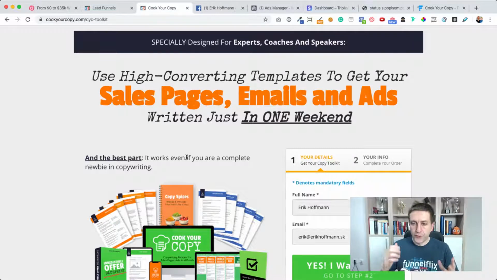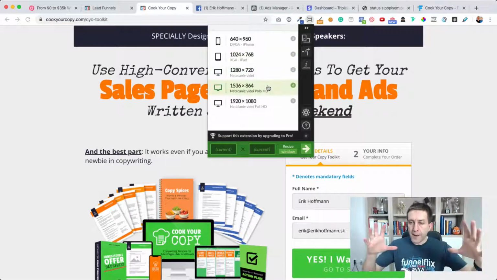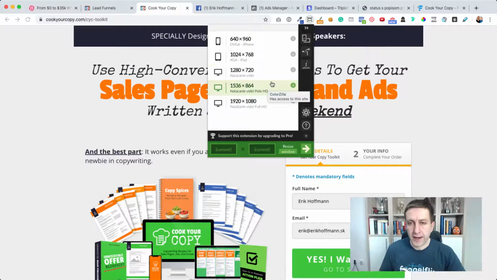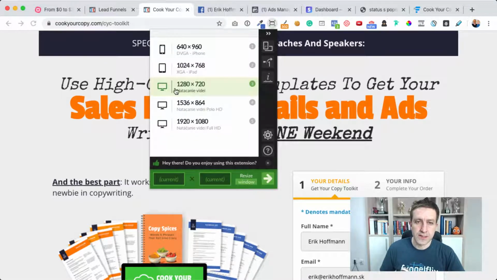The rule of two means that you should have at least two elements visible on your page when the size of your page is reduced to laptop viewport, like this one. I'm going to make it smaller, like this one. It's 100. Look at this. This is the resolution.